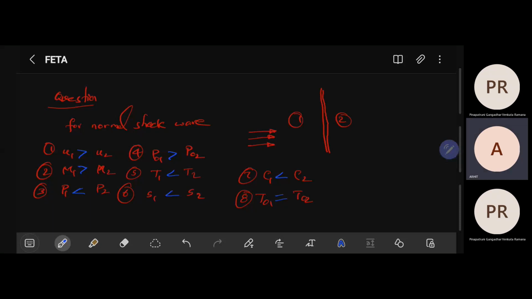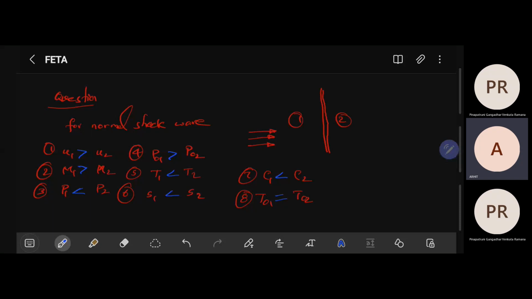Sir, I have a question regarding this. You just said that if velocity decreases, the pressure will increase and the density will decrease. Sir, can we say that from Bernoulli's equation?